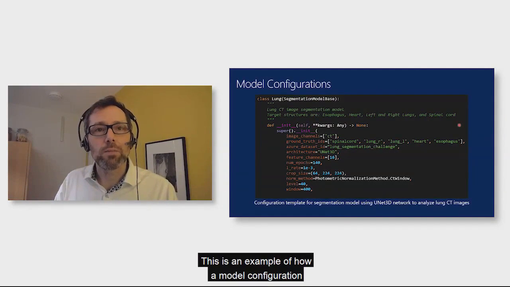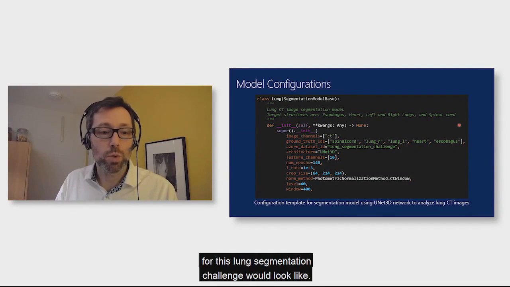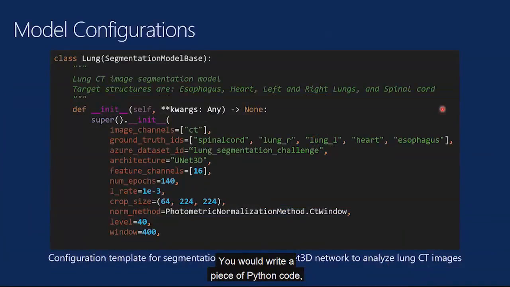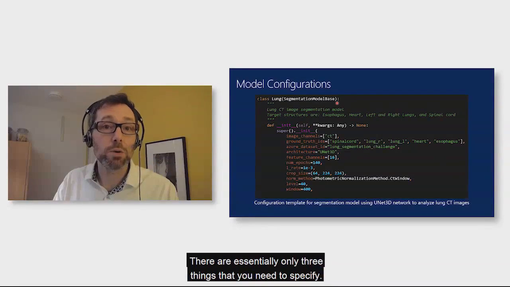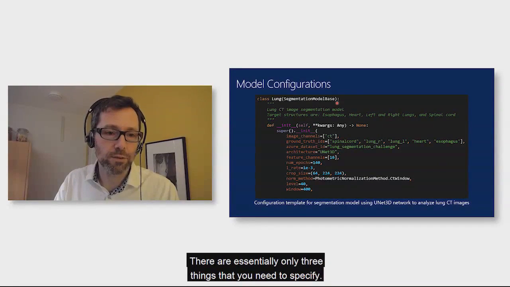So this is an example of how a model configuration for this lung segmentation challenge would look. You would write a piece of Python code, a new class called Lung that derives from the base class for segmentation models. And there are essentially only 3 things that you need to specify.